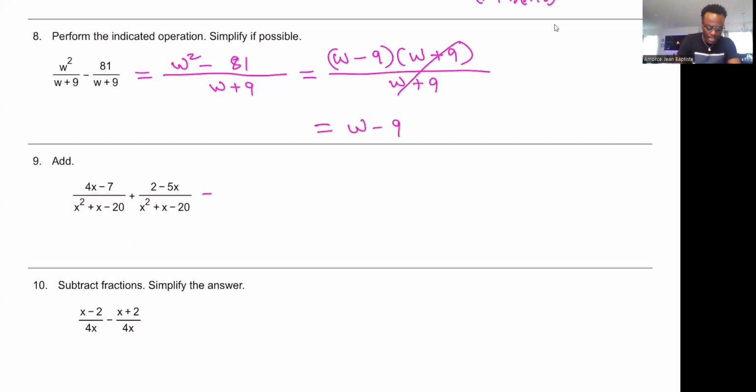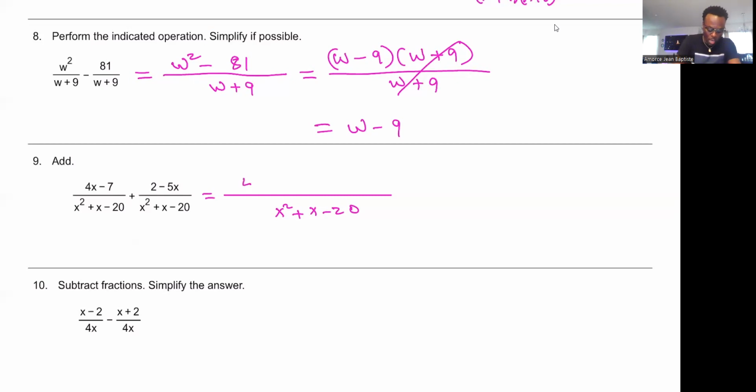Over here, number 9 is the same scenario. So you keep the denominator once, x squared plus x minus 20. In the top, you just add them because we are adding the rational expressions.